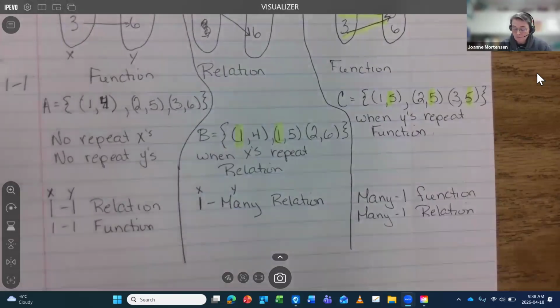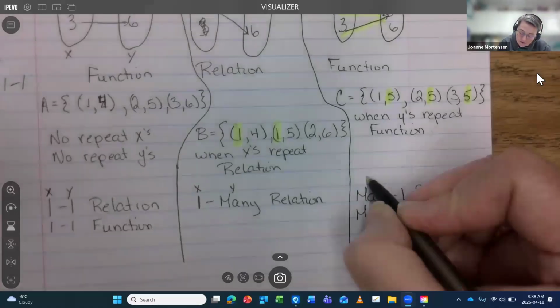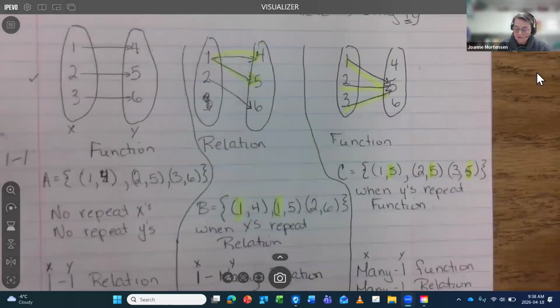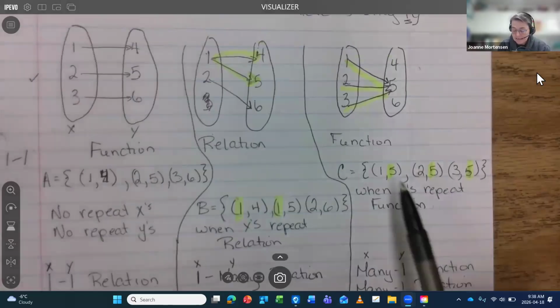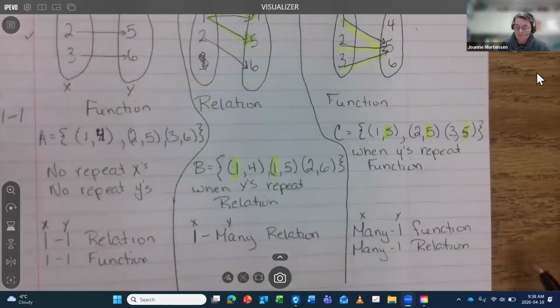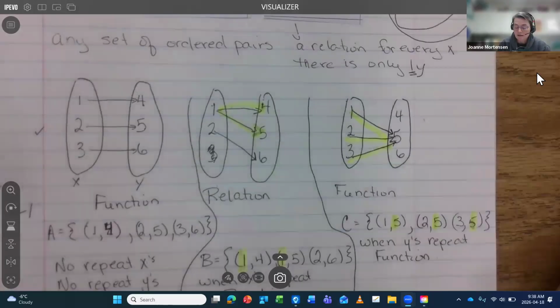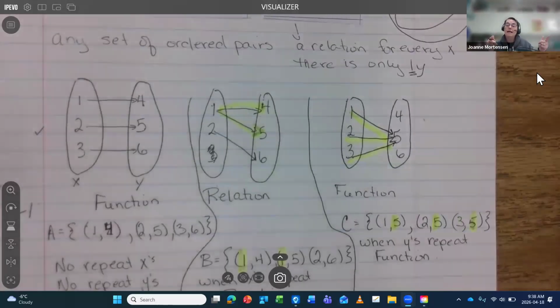Either way, many-to-one. So many X's go with one Y. The 1 goes with 5, the 2 goes with 5, and the 3 goes with 5. That's many different X's going with one Y. Ta-da! All right, almost done.